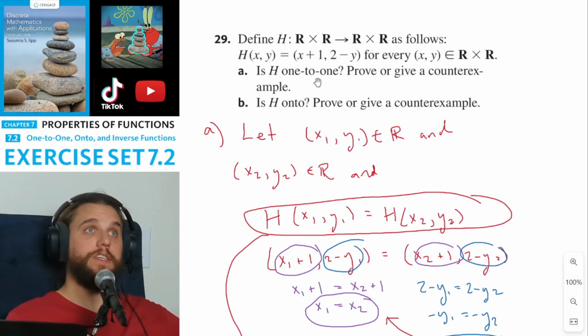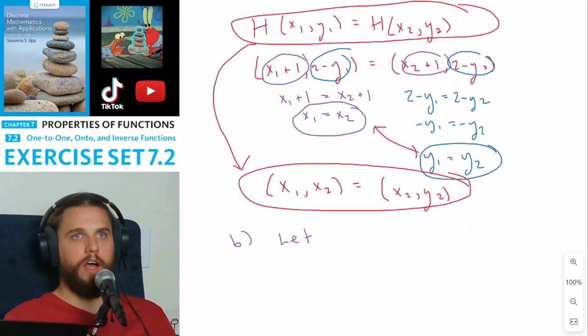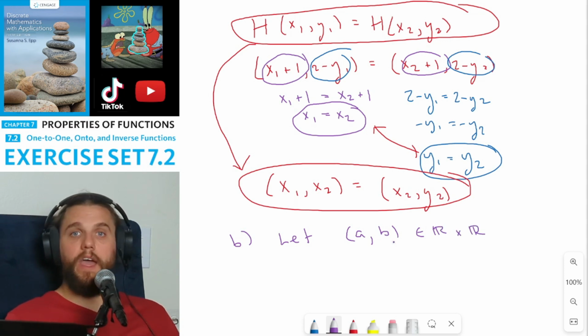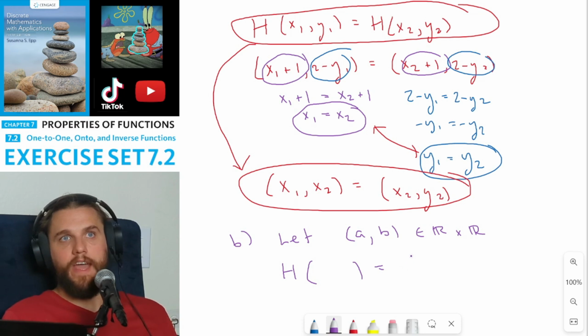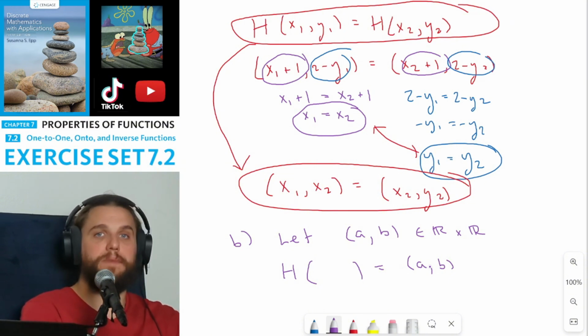The next question is, is h onto? Meaning we have to start with an arbitrary element in our codomain, which is R cross R. So we're going to let (a, b) be an element in R cross R. And we have to ask ourselves if there's an input to this function that gives us the result (a, b). And our input is allowed to include a's and b's as well here.